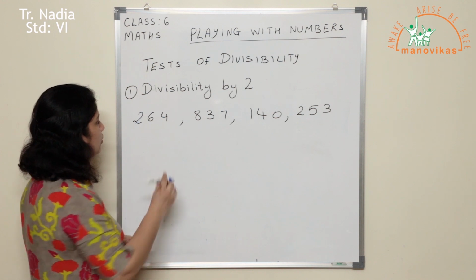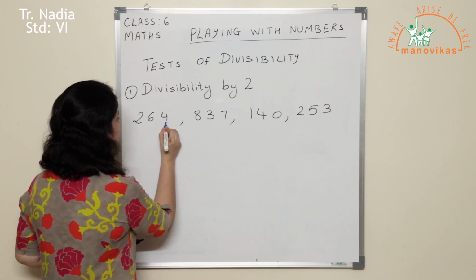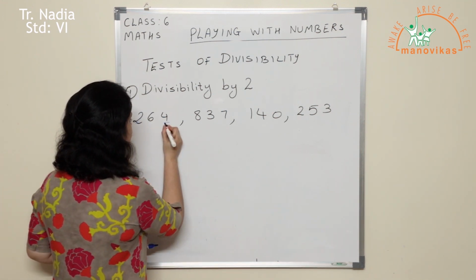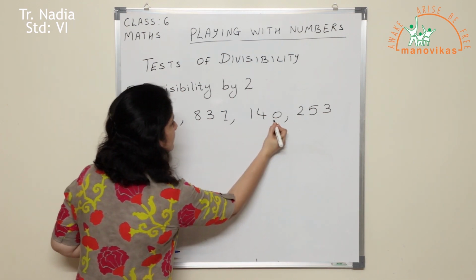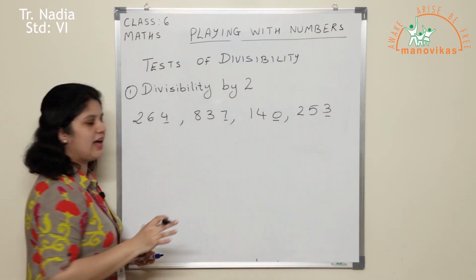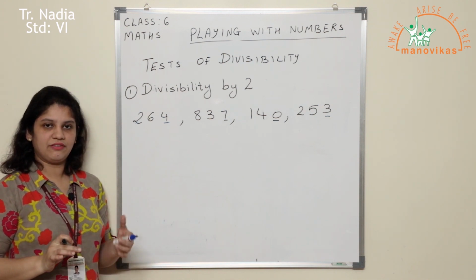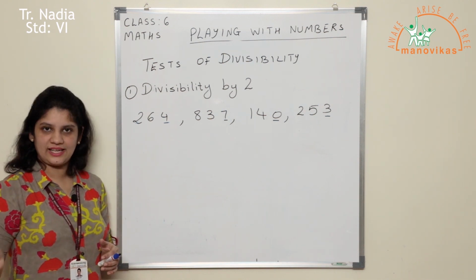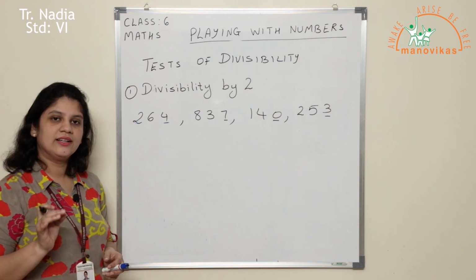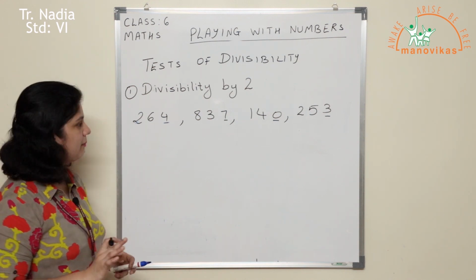So, for this, you have to look at the last digit. Okay, in the last digits, all the digits which are even. Okay, that means if it is 0, 2, 4, 6, 8, if the last digit is even, that means that number is divisible by 2.